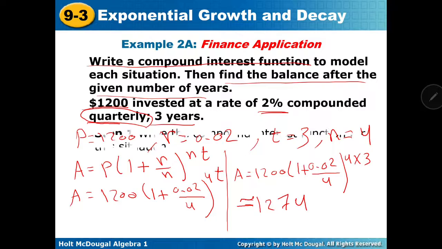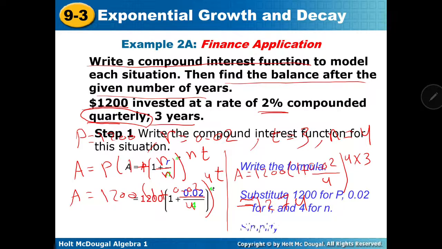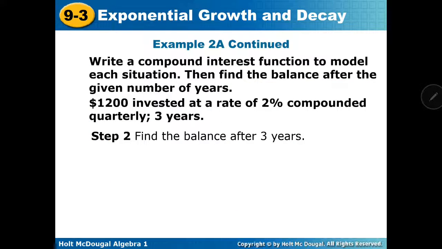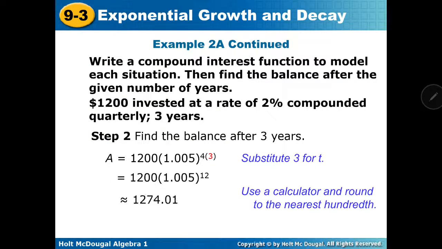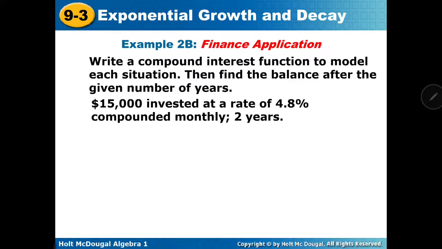Okay, let's go to another example. It says here, write a compound interest function to model each situation, then find the balance after the given number of years. $15,000 invested at a rate of 4.8% compounded monthly in 2 years.